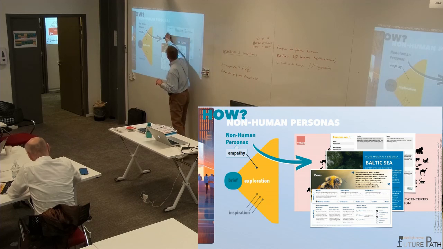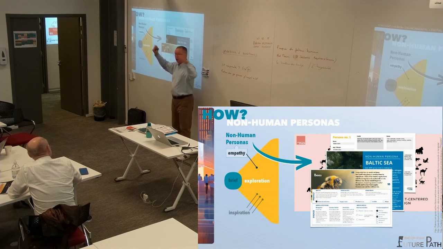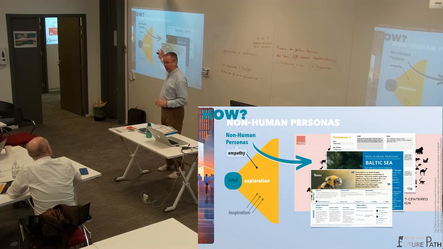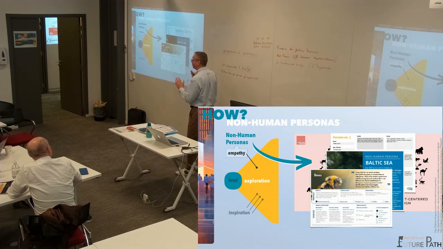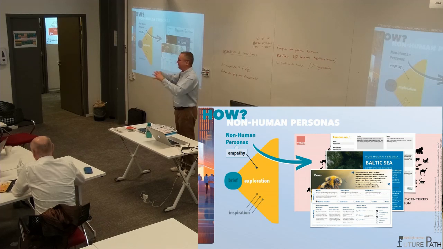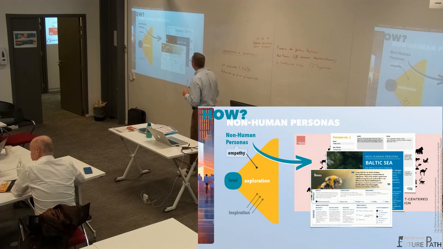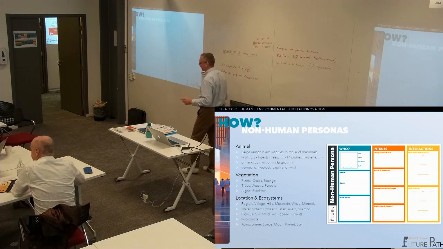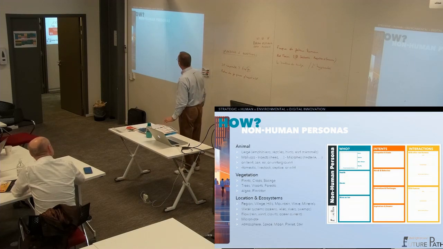I took them directly from the internet, just to show this is not something fancy that comes out of my brain. There's a trend here. What I propose to you is a canvas that could support your thoughts in finding some non-human personas that are meaningful to your context.